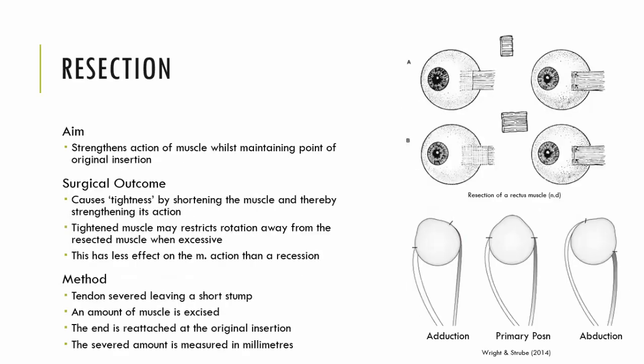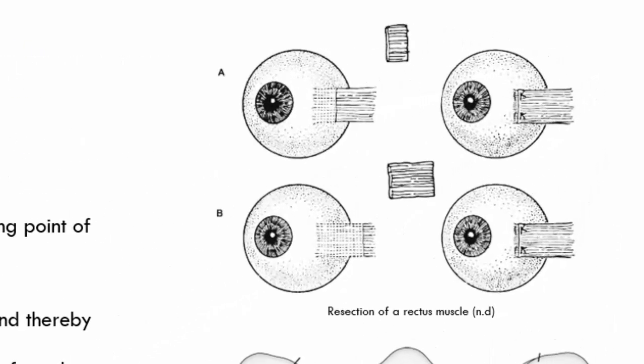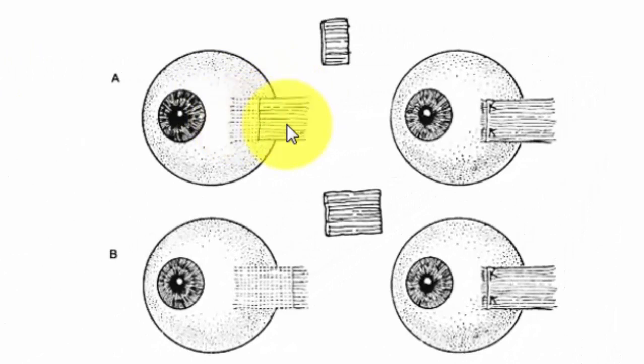Let's now move on to the resection. The resection is a strengthening procedure, and overall what we're doing in a resection is shortening the extraocular muscle and thereby tightening it. To tighten or shorten the extraocular muscle, a component of the muscle needs to be excised. So if we take a look here, let's assume again this is a lateral rectus.